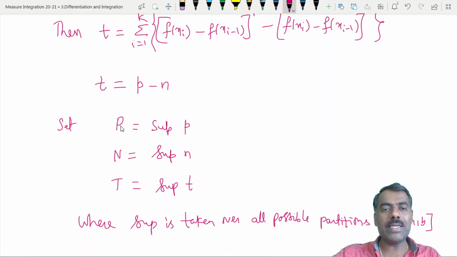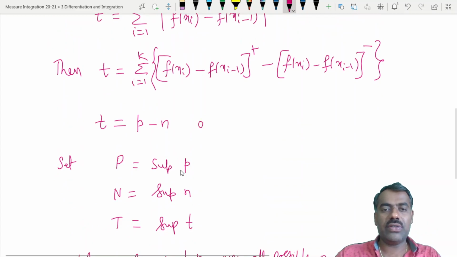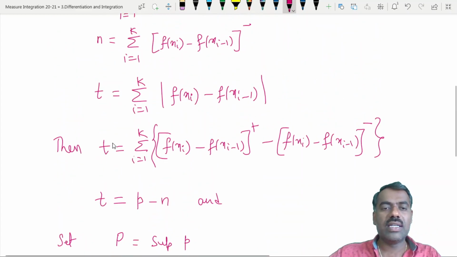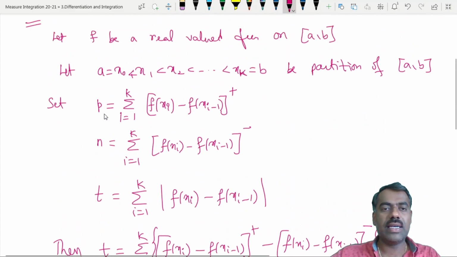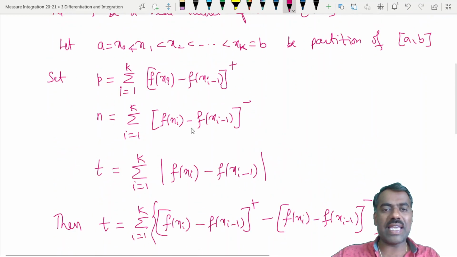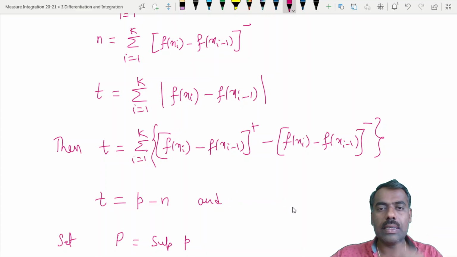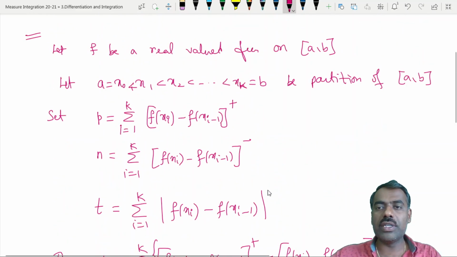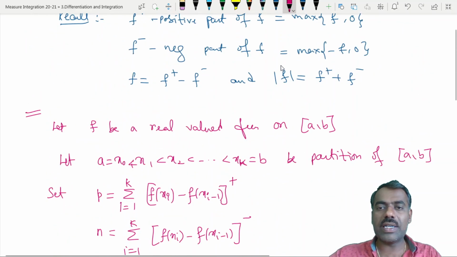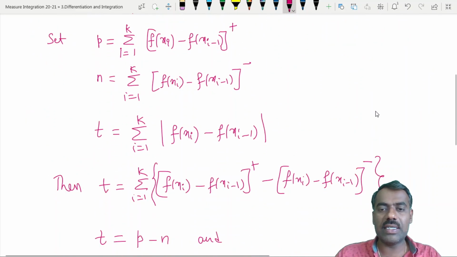Then you can observe that here you can also write this T. And what can you say about P plus N? Just a second. We did something wrong, right? Nobody is noticing. Are you seeing or not? Because mod f is equal to f plus plus f minus, so it is not minus here, it is plus here.